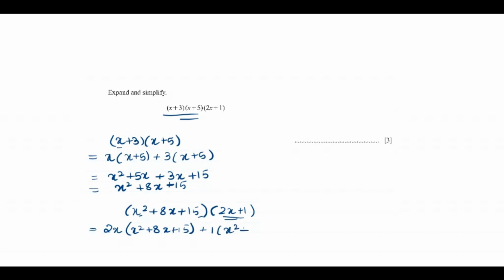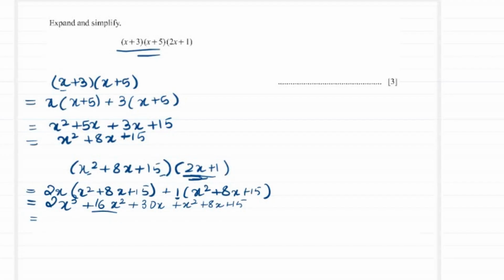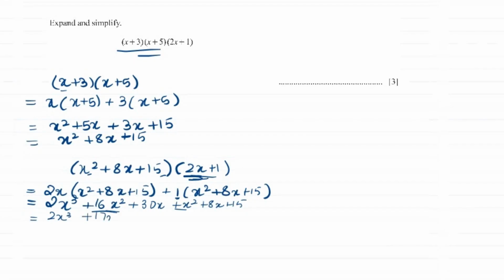x square plus 8x plus 15. What I've done here is that I've used this 2x to be multiplied by the whole of my first bracket over here, and then the 1 again multiplied by my first bracket. Now to simplify them further, I add the like terms. It's 16x square along with an x square, so I write the 2x cube as the same, plus 17x square, because 16 plus 1x square is a 17x square.